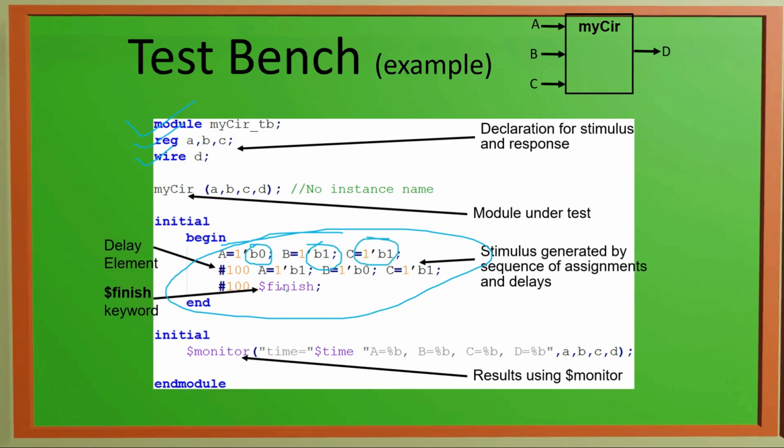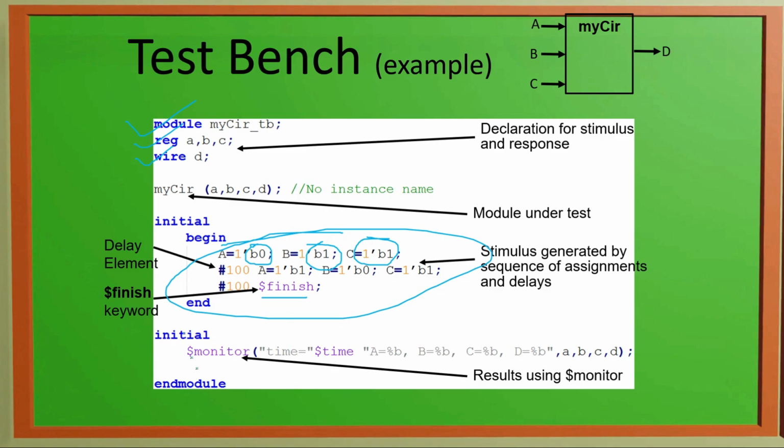Similarly for C. Once we are done with this, we can give delay. Here we are defining that once we give input, there should be a delay of 100 time steps, and after that the input should change to new values. Then we give one more 100 delay, and then we say $finish. It is a keyword. It will finish the simulation.